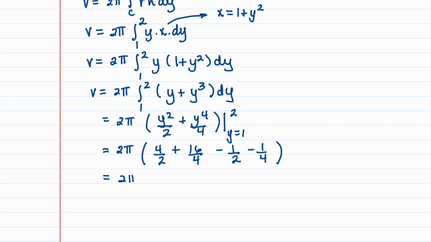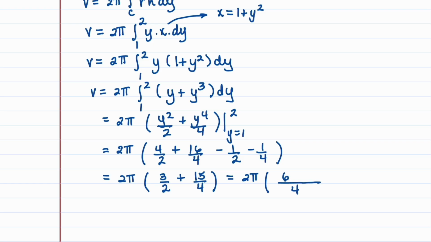Let's combine our fractions. We have 4 halves minus 1/2, so that's 3 halves. And then 16 over 4 minus 1 over 4 is 15 over 4. Looks like we can get a common denominator of 4.